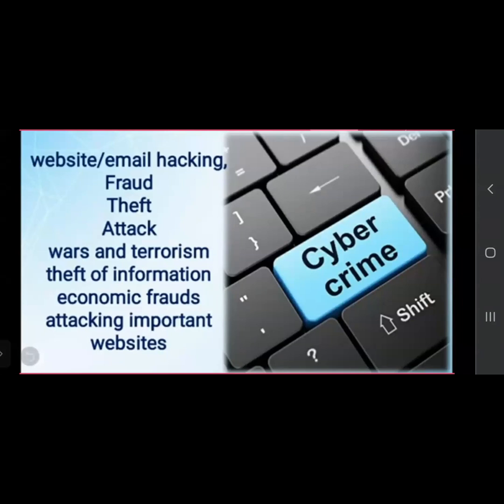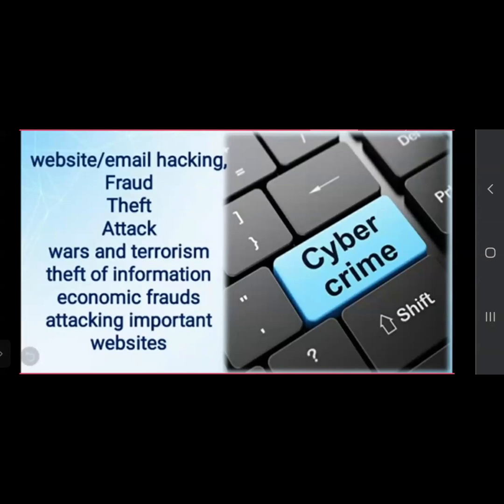So even if we have many advantages of the internet and social media, there are also some disadvantages, that emails and websites are sometimes hacked by hackers, and sometimes fraud is also done. By clicking on any website, they ask you for your number and OTP and all that. So fraud of money also can be done, theft can be done.